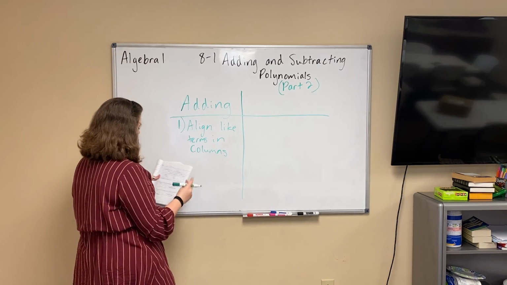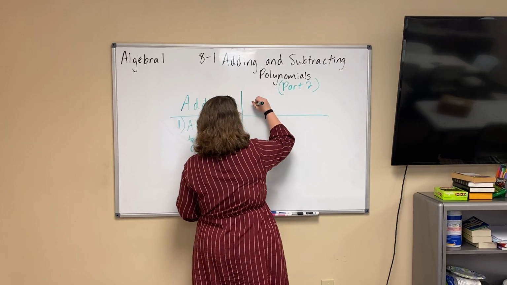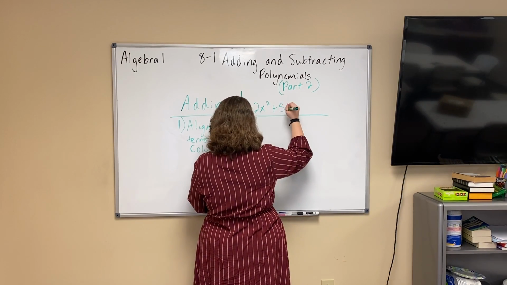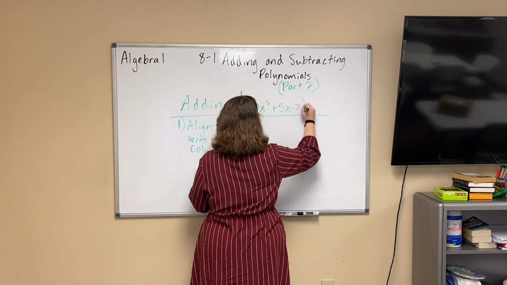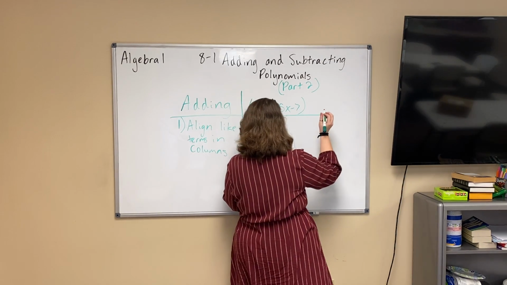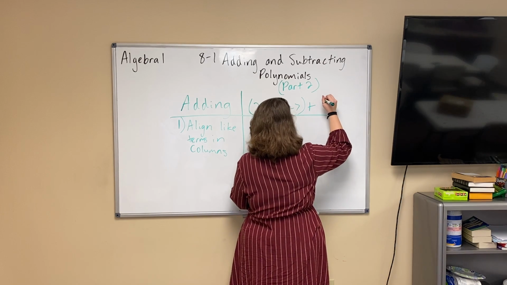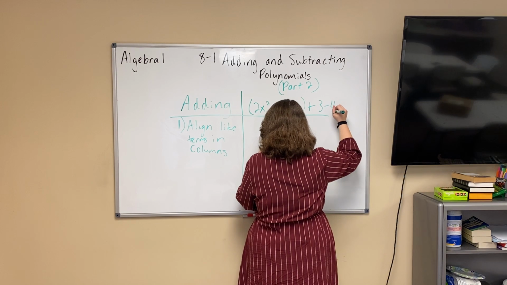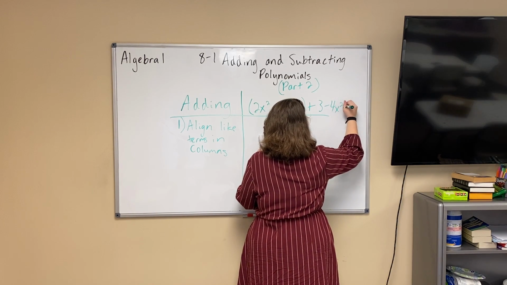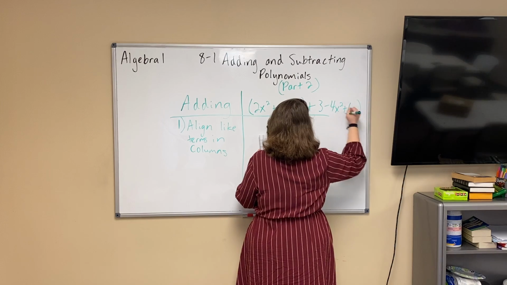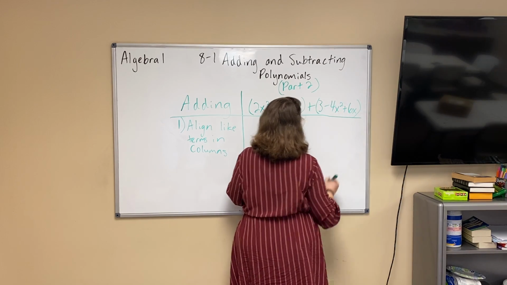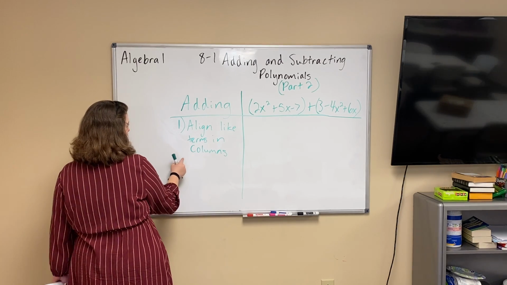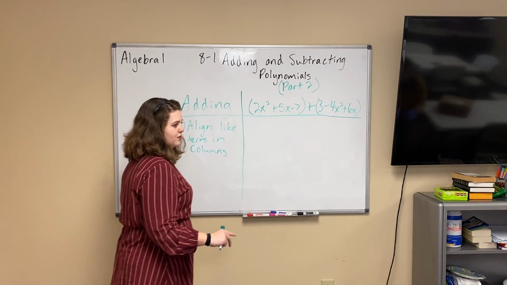So as we go, I'm going to do examples. Suppose I had something that looks really complicated, but doesn't have to be: 2x^2 plus 5x minus 7 plus 3 minus 4x^2 plus 6x. A lot of numbers, but the first thing we're going to do is align our like terms over each other.